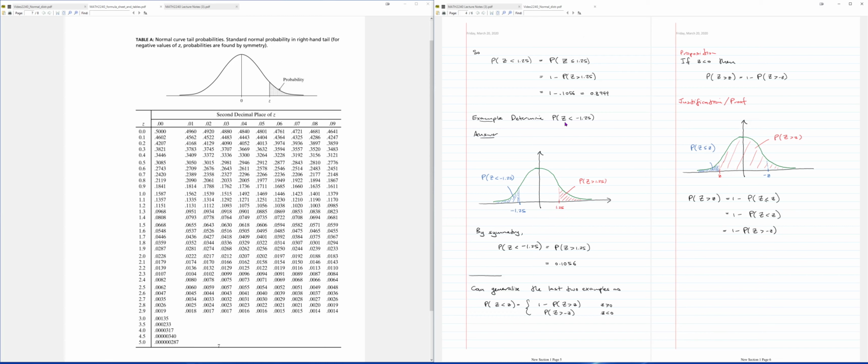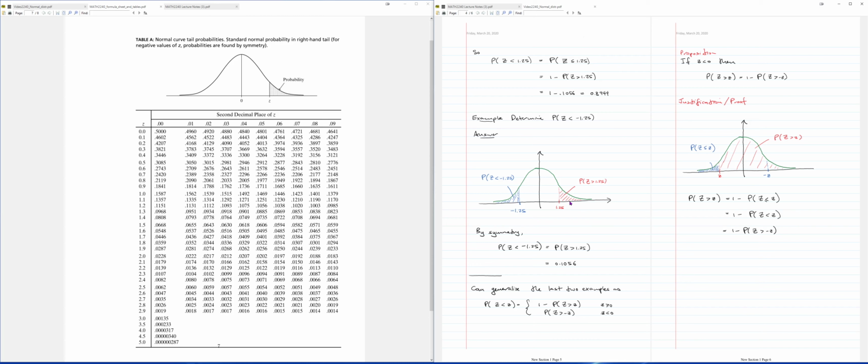Now what I want is the probability Z less than negative 1.25, so I want this blue area over here. By symmetry, this is e to the minus z squared, which is symmetrical about the y-axis. That symmetry implies that your blue area is equal to your red area.